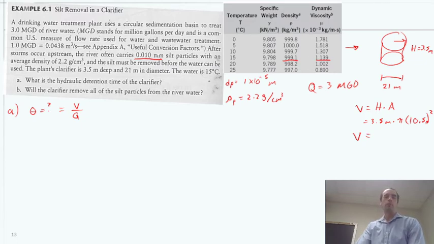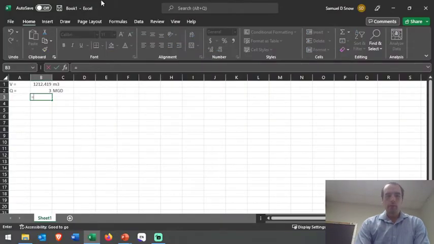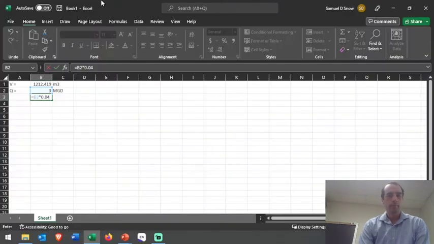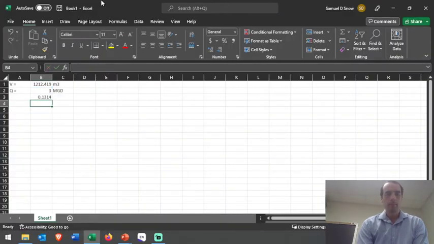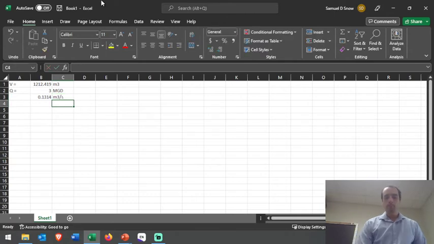So if we take 3 mgd, we multiply that number by 3. So we could say it equals 3 times that, 0.4438 cubic meters per second.